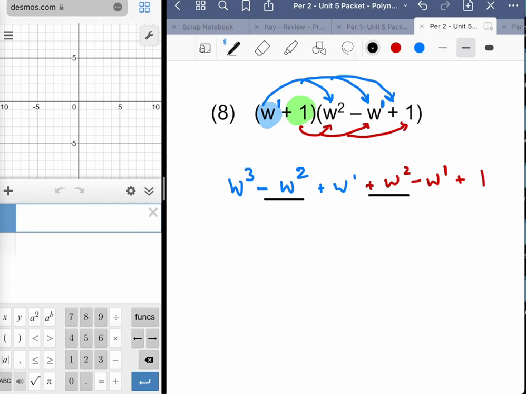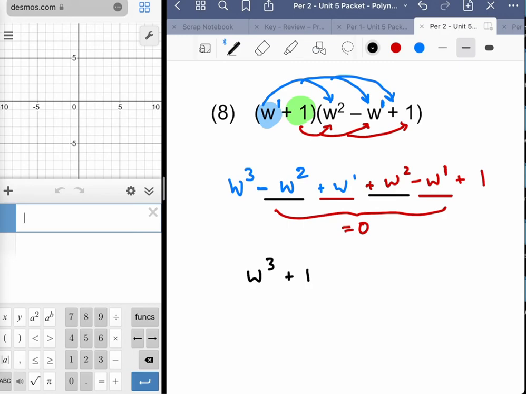I have a positive w to the first, and I have a negative w to the first. Anytime you add opposites together, the result is always equal to 0. So all of this stuff cancels out to equal 0. So the only thing you're left with is the w cubed plus 1, because everything else is going to cancel out.